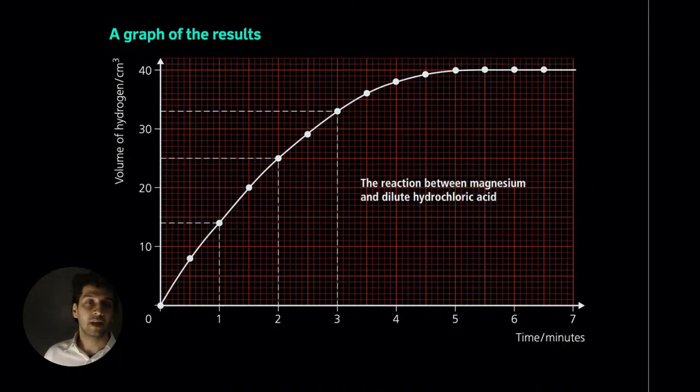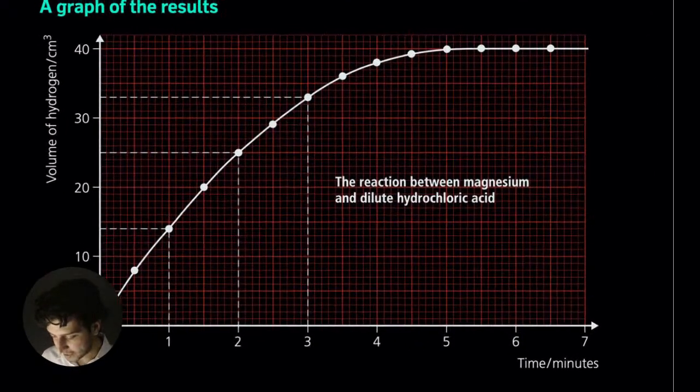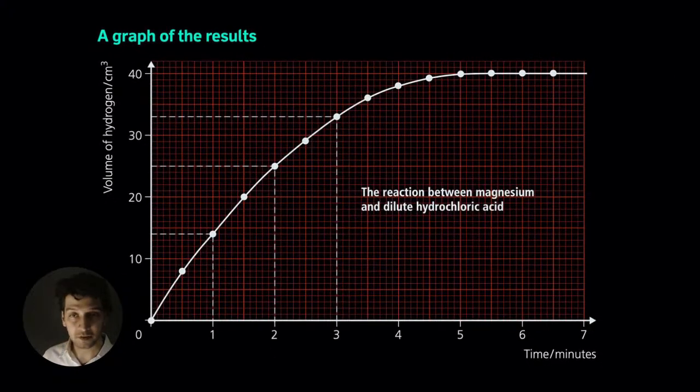Okay. That's the same table, same information, but drawn as a graph. These are the points which we recorded. First 30 seconds it was 8, then I think 14, right? And then they joined the lines together. Two things you can immediately pick up from this graph is when the graph starts flatlining.